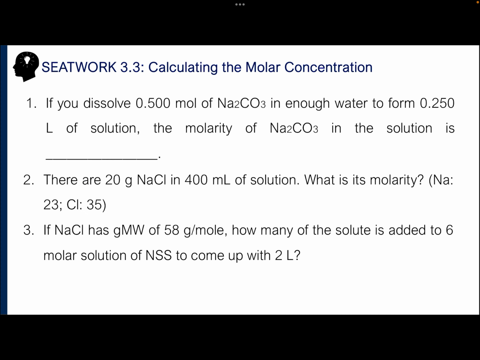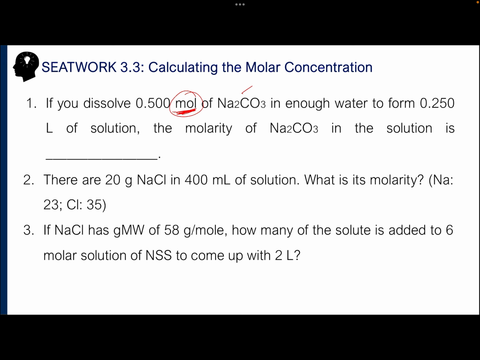Okay, so for this homework, let us try this one. So number 1, if you dissolve 0.500 mole of sodium carbonate in enough water to form 0.250 liters of solution, the molarity of Na2CO3 in the solution is, so for this one, since given naman si mole, wala na, dili na siya atong gram.